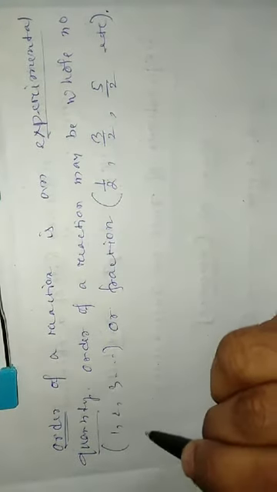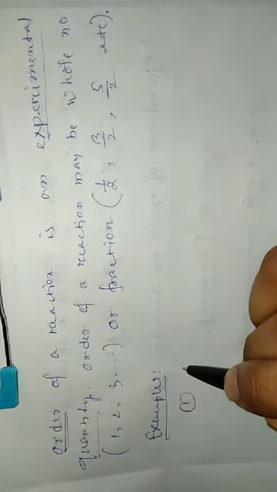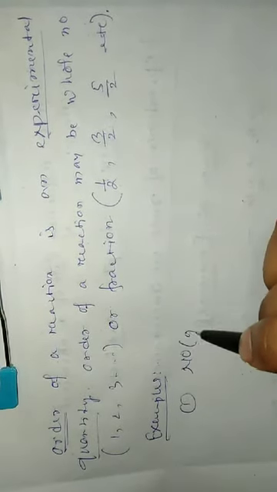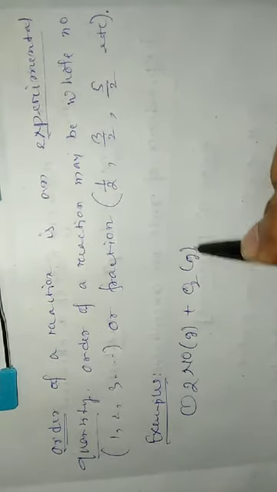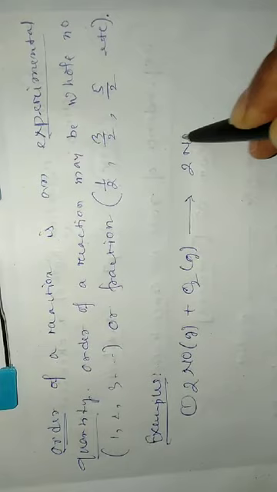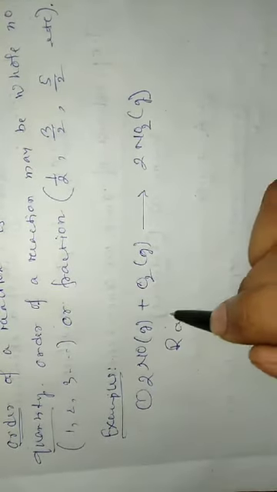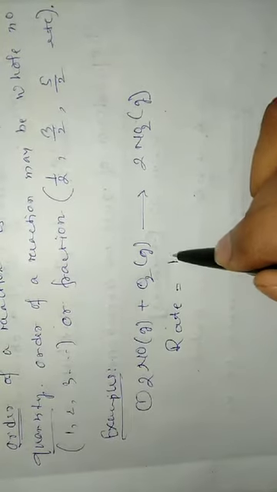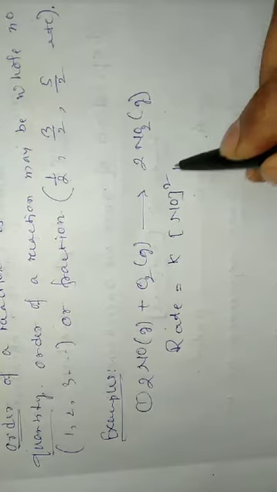So let us consider a few examples of reactions. Suppose it is a reaction: nitric oxide, 2 moles, reacts with oxygen gas, produces nitrogen dioxide. For this reaction the rate expression is given. This is the rate expression for this reaction, which is determined experimentally.